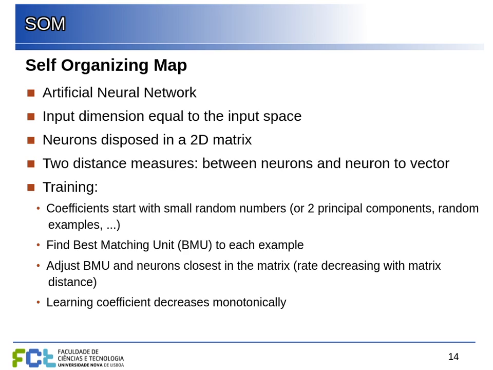We're going to adjust it so the parameters of the neurons become closer to the values of the features of the examples. And we're going to do the same thing with a decreasing rate to the neurons that are close to that best matching unit in this two-dimensional matrix. So basically we're going to pull everything, all the neighbors, in the same direction.